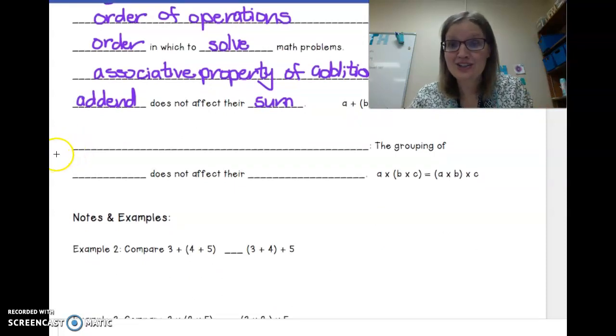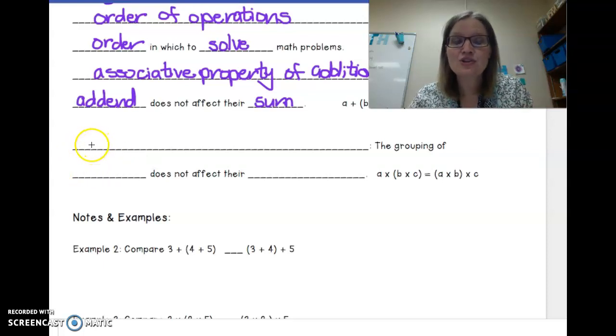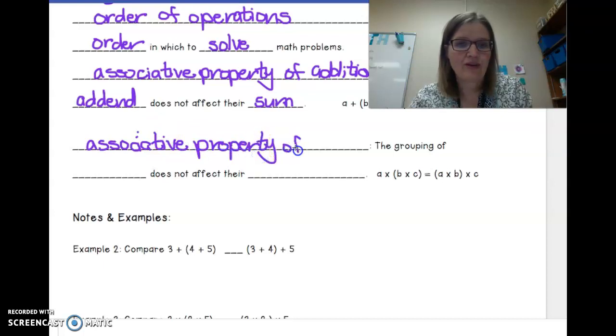Now, addition and multiplication relate to each other because we also have the associative property of multiplication. And it is very similar.